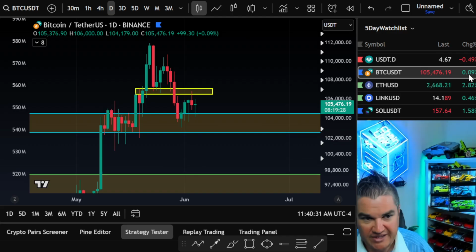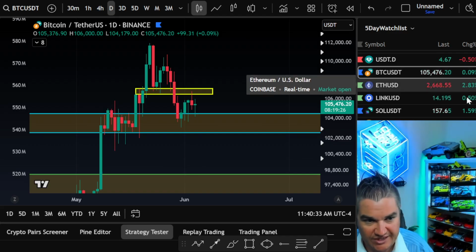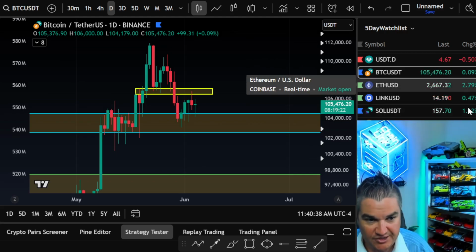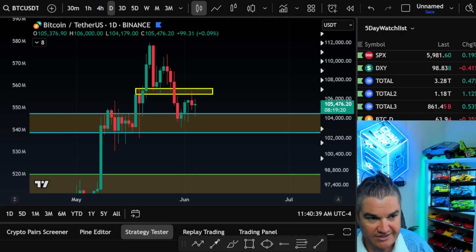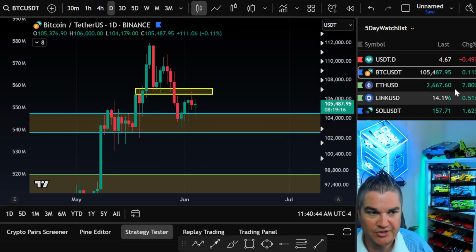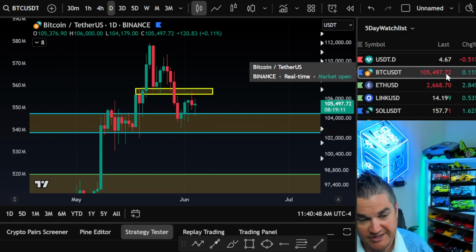Again, if Bitcoin remains calm, you will see altcoins still continue to slightly outperform it. And we're still seeing that today. Bitcoin dominance, slightly down today. It takes about a week or two of this same thing before alts really become comfortable and start to take off in a bigger way.